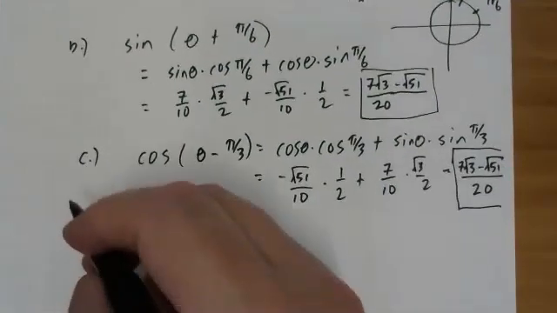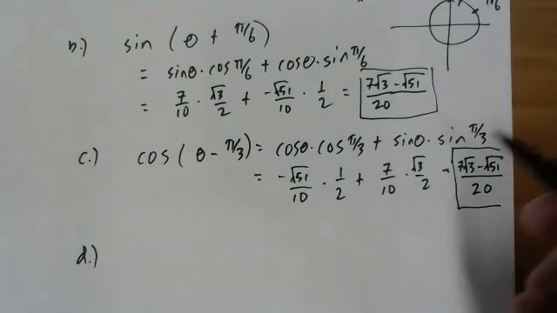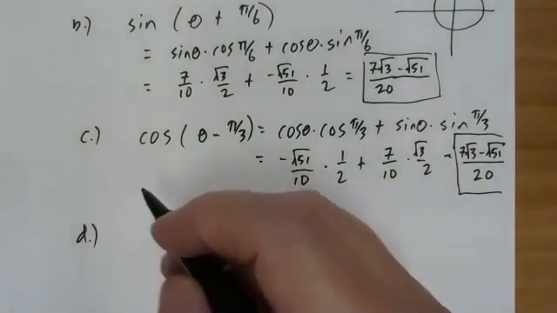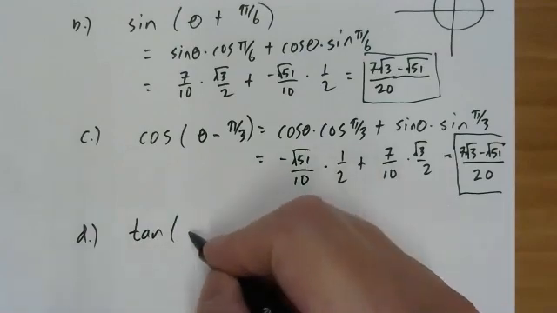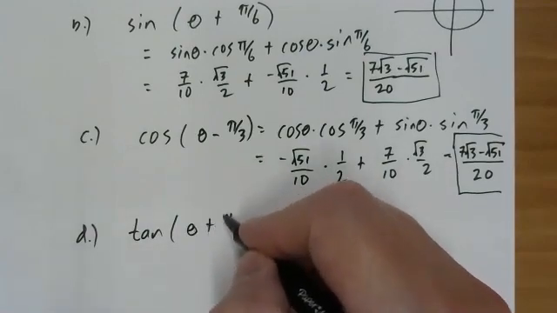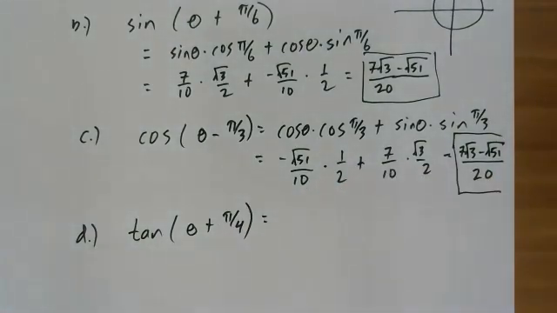And that's correct. And then the last one, which could be a little messy. Why did I say that? Because now they're asking for the tangent of the sum of two angles. The formula for the tangent is a fraction.